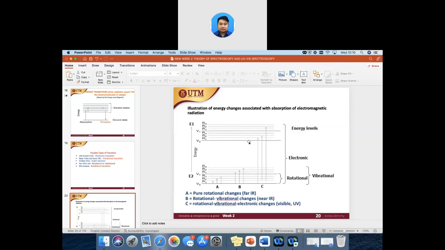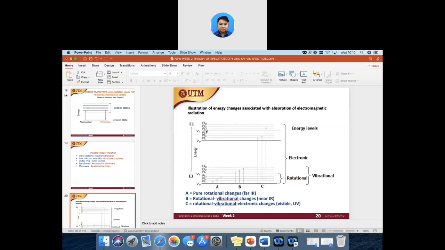Imagine that E1 is one energy level, E2 is also an energy level. We call it electronic energy 2 and electronic energy 1. So for ultraviolet, it moves from E2 to E1. That means the jump is very high. It jumps from one electronic energy level to another electronic energy level.